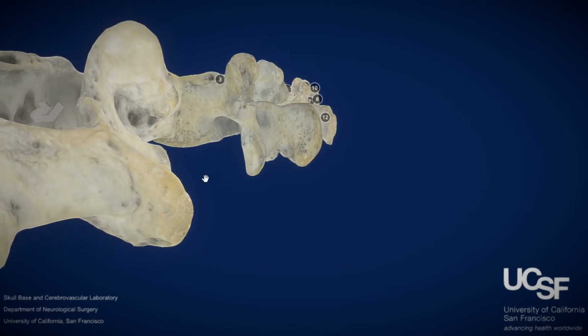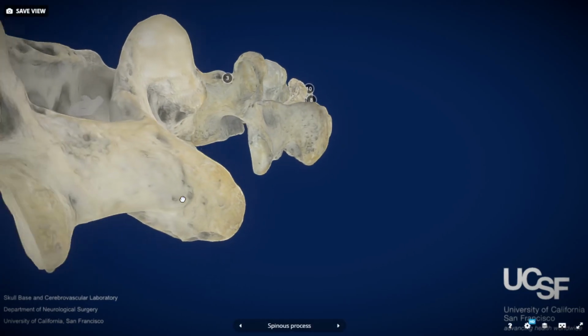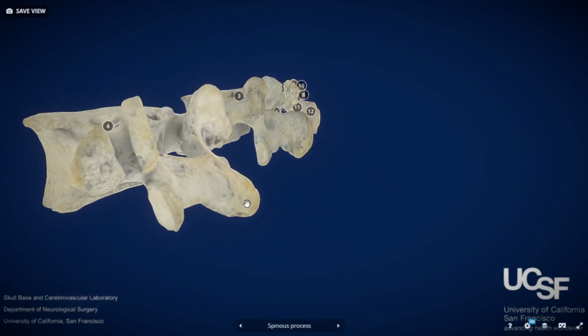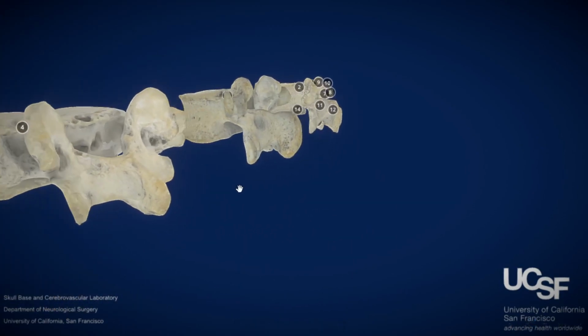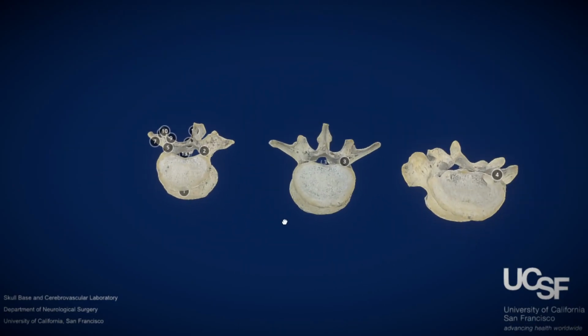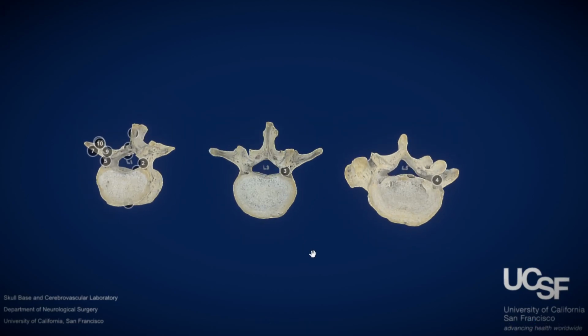The size of the spinous process tends to get smaller as we move towards the lower vertebrae, and that's the overview of the lumbar vertebrae.